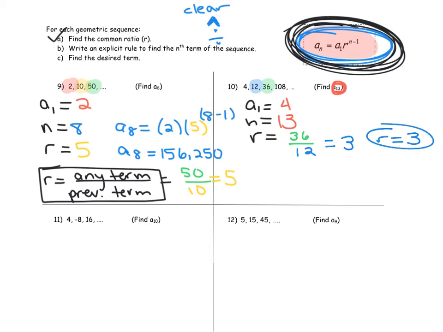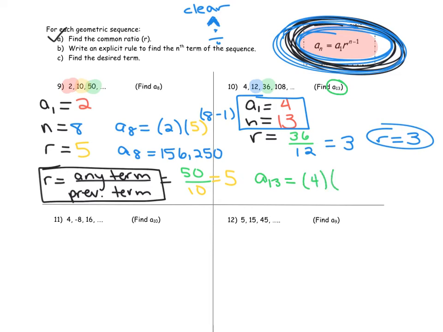So I have all the information that I need here to plug into my formula right here. We want a sub 13, that's what the question says to find. All right, let me uncover that since I have it hiding behind this pen. So a sub 13 will equal, we take the first term, which is my a sub 1 of 4, times the common ratio of 3, and we're raising it to the 13 minus 1.